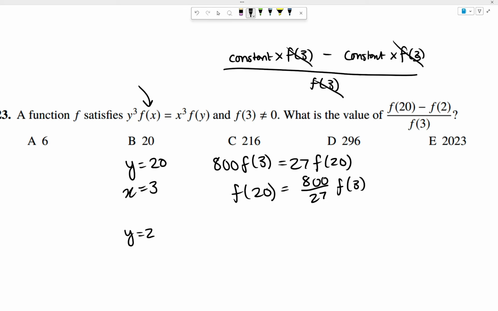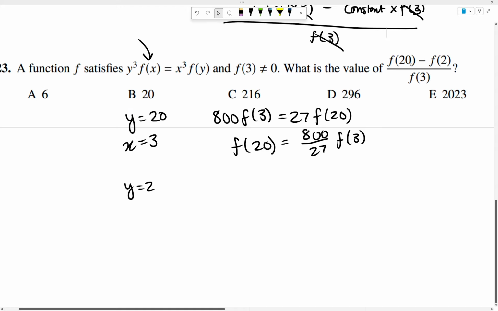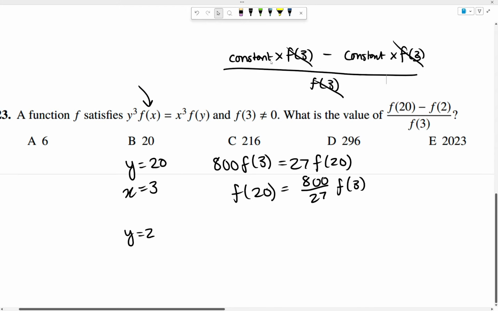So it's going to be a constant minus a constant. So that's like the desired goal. So the way I'm going to find that constant is I'm going to have to find f of 20 in terms of f of 3, which is why I've plugged in y equals 20 and then x equals 3. Does that make sense?